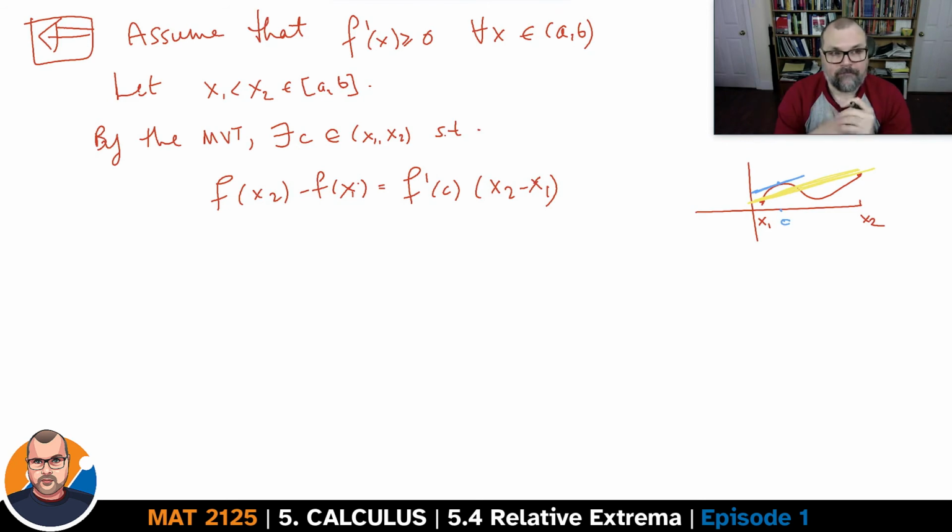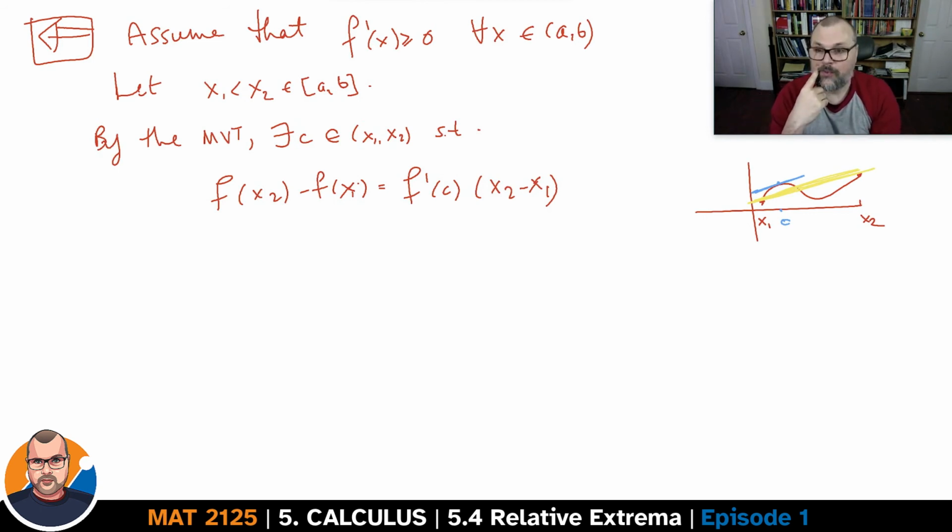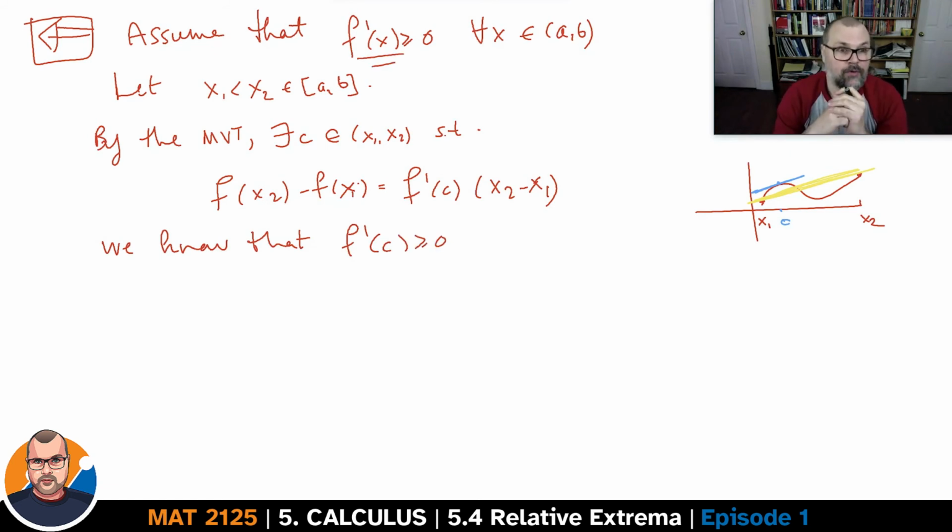has the same slope as the slope of the secant line joining the two endpoints of the curve. Now, I speak of slopes here because, look, we have a continuous function. That's the one I drew. But in practice, the mean value theorem isn't just about slopes. It's about derivatives and endpoints. Now, we know f prime at c is greater than or equal to 0 because f prime is non-negative over the whole interval.